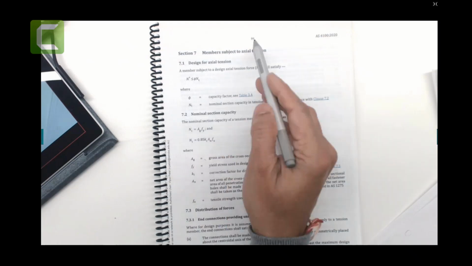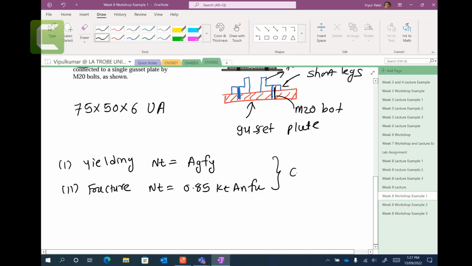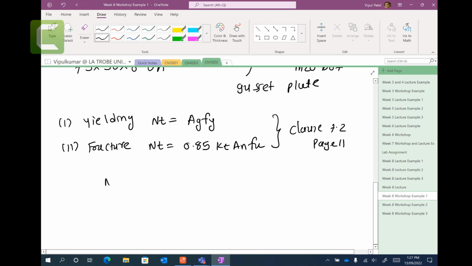I can show you both equations here in clause 7.2 on page number 99. Right. How are you going to calculate NT? NT would be the minimum of yielding or fracture. Okay, so where is it written? I can show it to you.